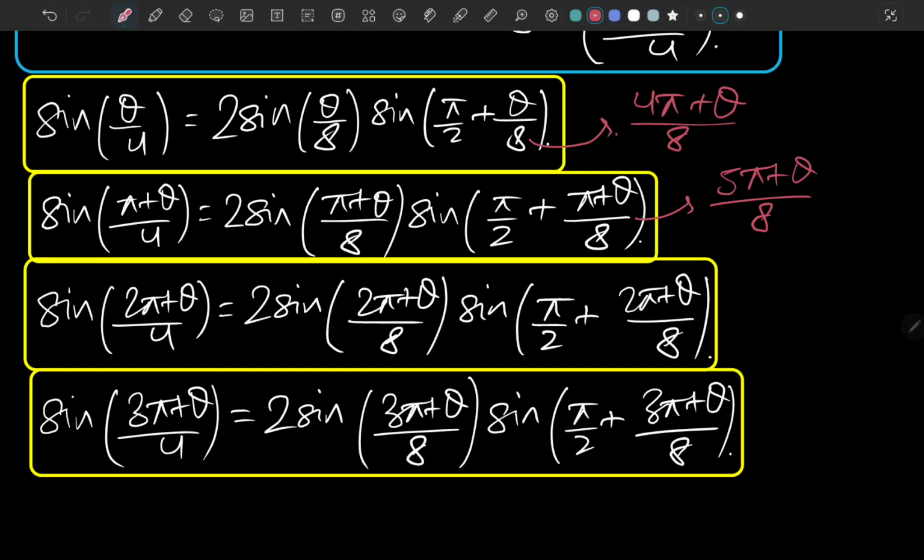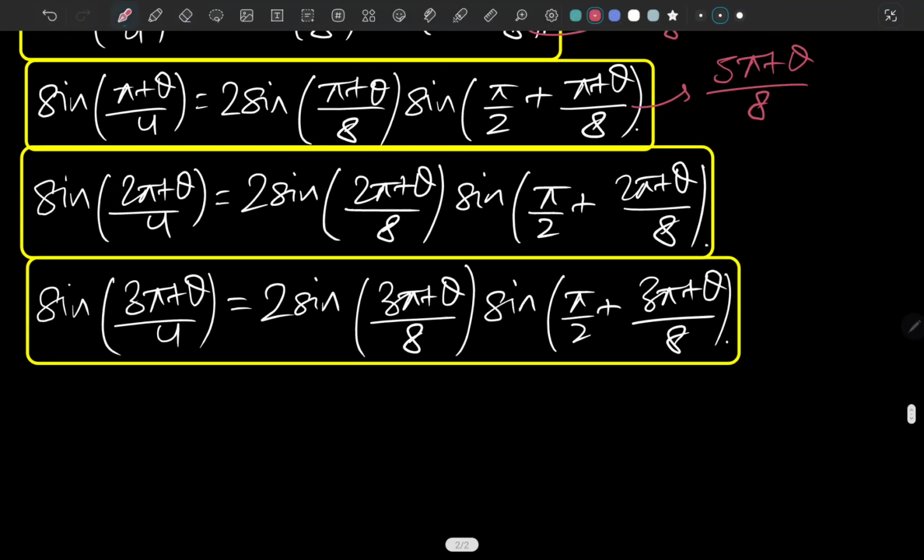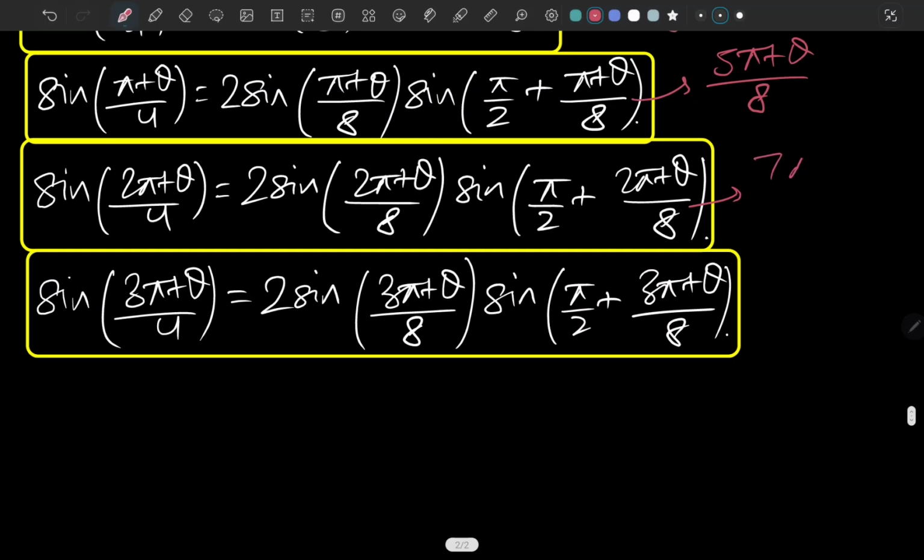Let me check that, because if we consider 8, so it's 4, yeah, it's fine. Now we can write it as 7π + θ over, oh sorry, it's 6π. So (6π + θ)/8, and this is finally (7π + θ)/8. You can just guess that out if you want.